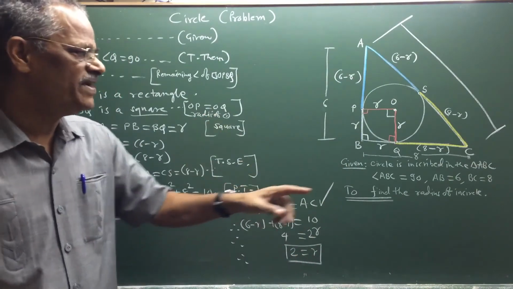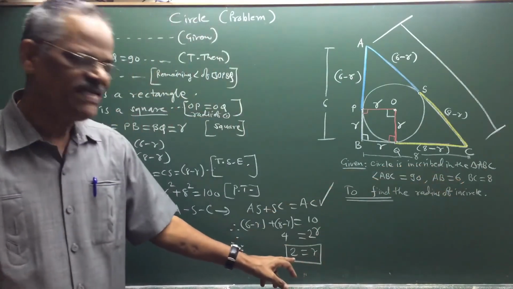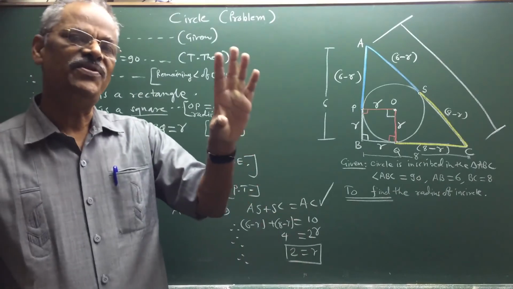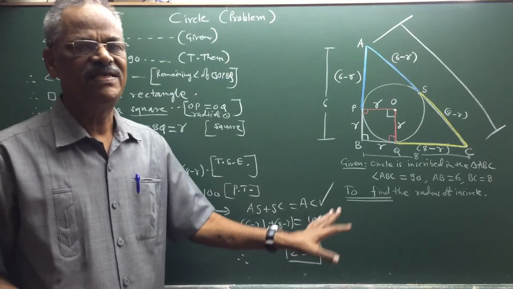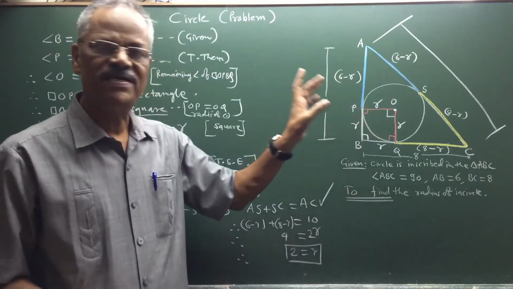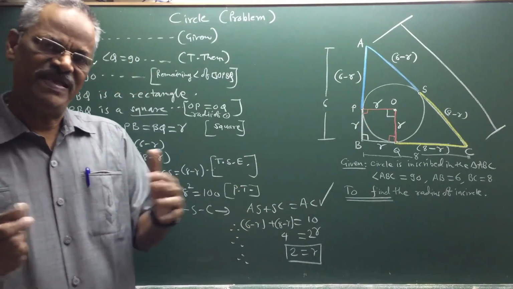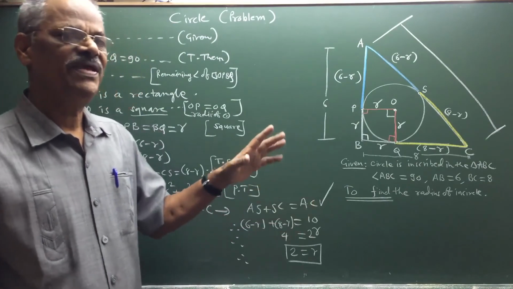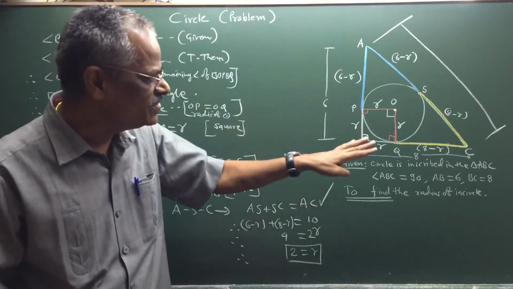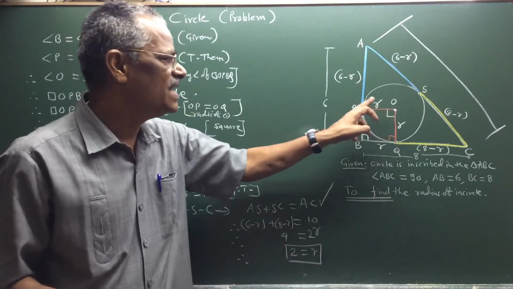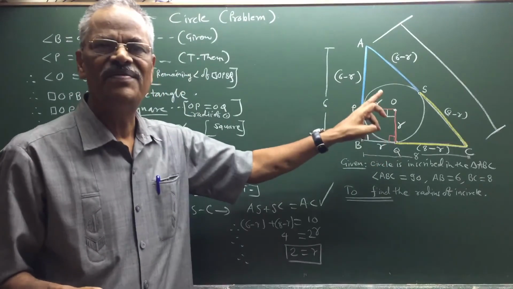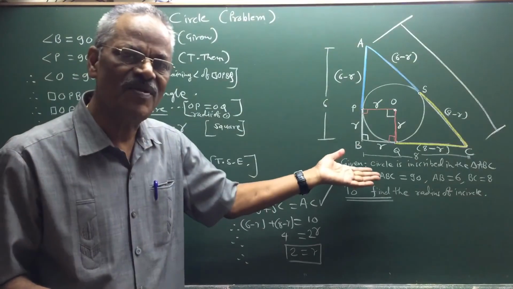If it is in centimeters, you can write centimeters, and if it is in units, you can write units. So 2 units is the radius of the circle. This is a big problem for you, and you can see that Pythagoras is applied, the tangent theorem is applied, along with the square property and before that the rectangle property.